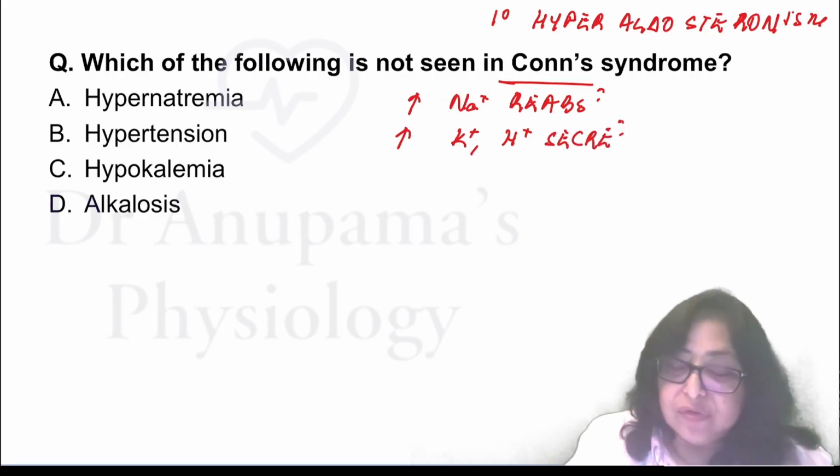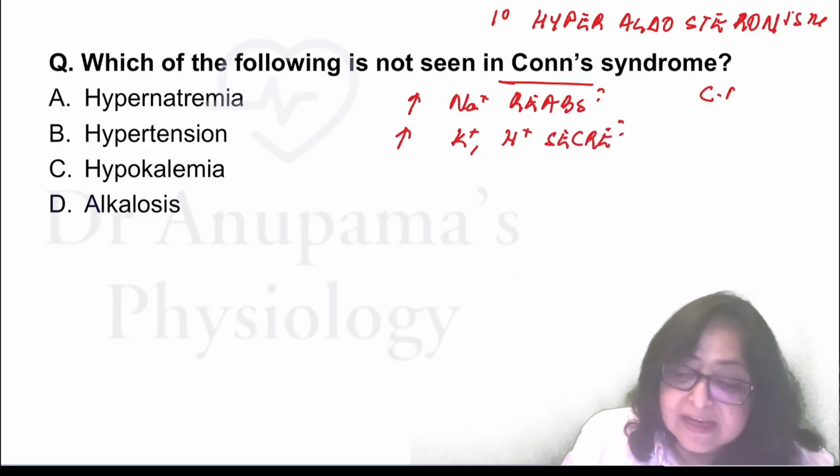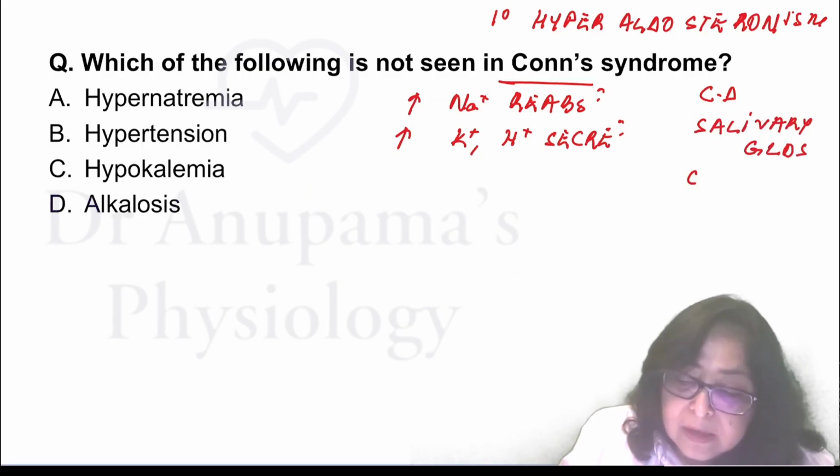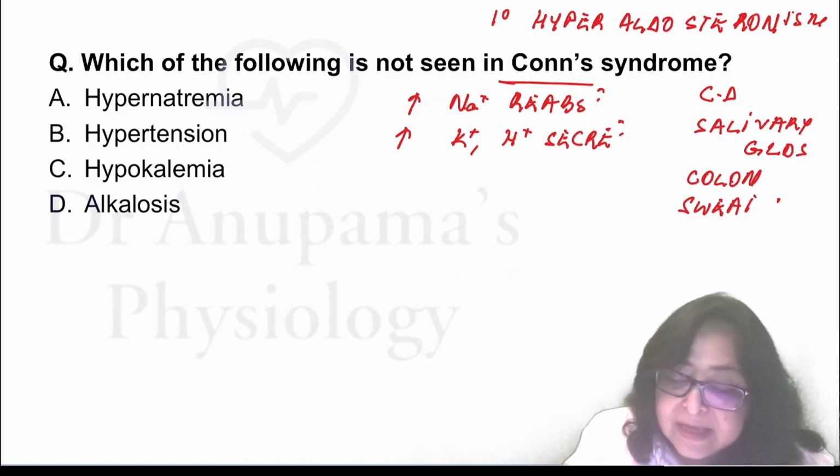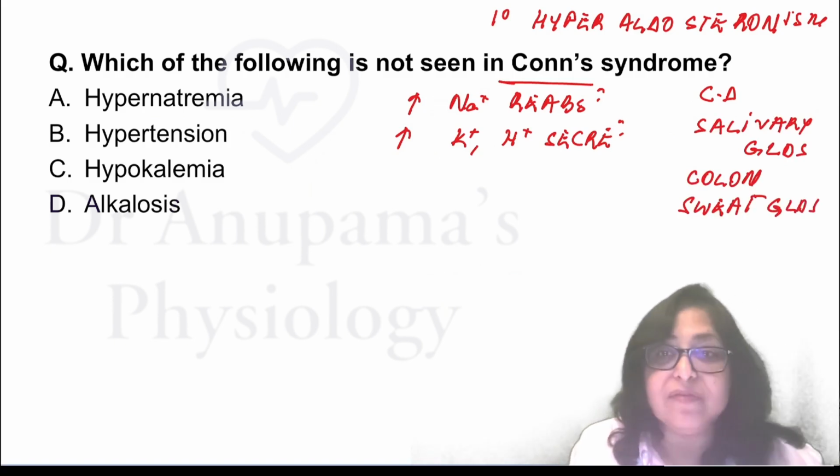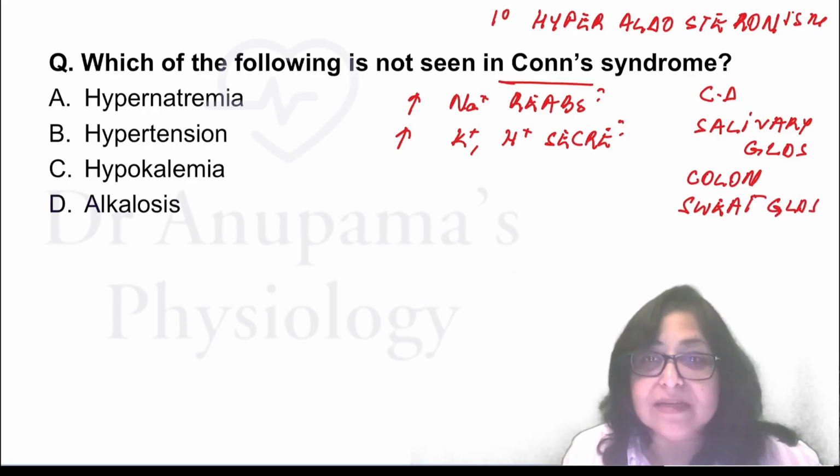Where are the aldosterone receptors present? These are present in the collecting duct, in the salivary glands, in the colon, sweat glands, hippocampus, and recently they have also been discovered on the heart and blood vessels.